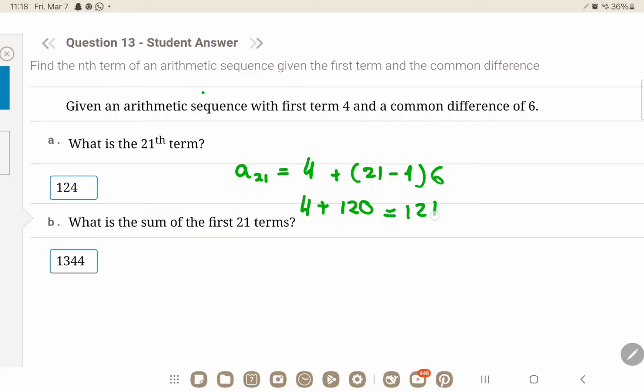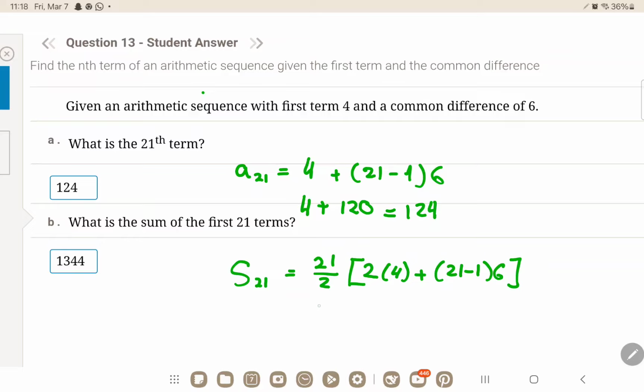equals 124. Now the sum, again, sum of 21 equals 21 over 2 into 2 times 4 plus n minus 1, which is 21 minus 1, times 6.